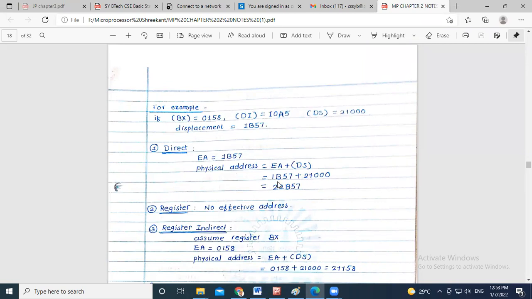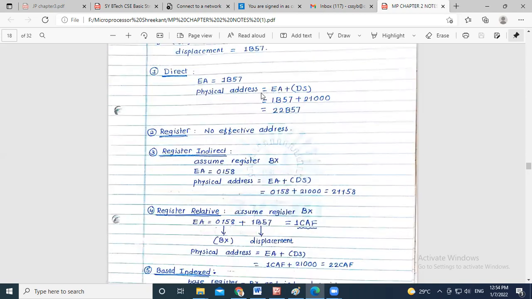So 21,000 plus 1B57. Use a scientific calculator in hexadecimal base, and add 1B57 plus 21,000. That is the value of the total physical address in the direct addressing mode.